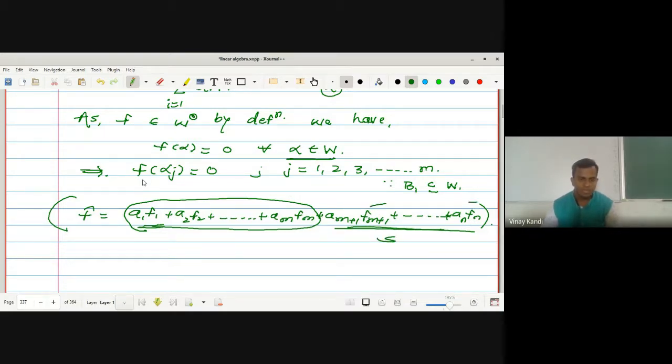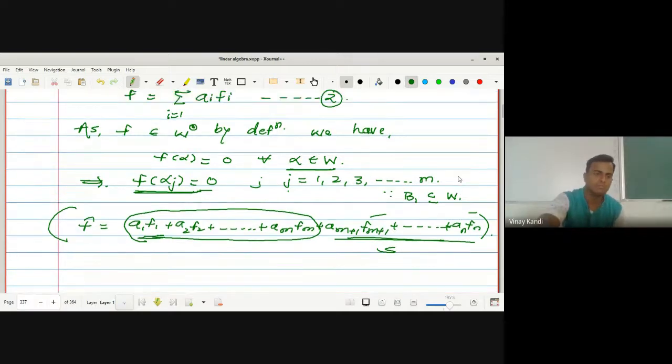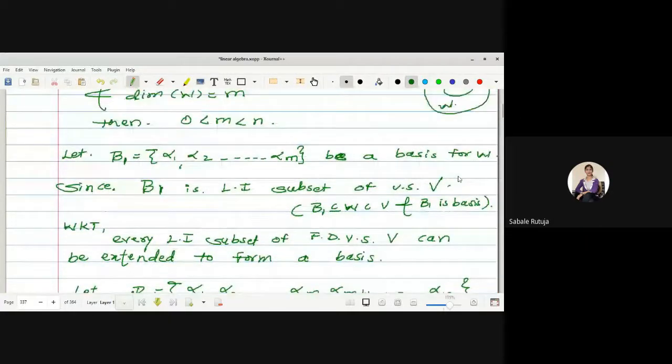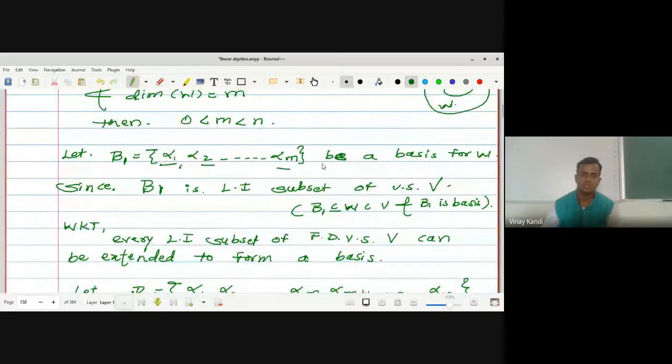Okay, now we have F of alpha j is equal to 0, where j is running from 1, 2, 3 up to m. Okay, why? Because B1 is contained in W. What is B1? A basis for W. So if I apply F to alpha 1, alpha 2, up to alpha m, it will be 0.